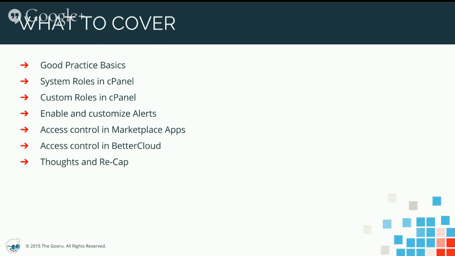So there might be some differences with what you see in documentation. How you can set custom roles, enabling and customizing alerts, access control considerations for marketplace applications, access control in BetterCloud, which I know there's been a session about yesterday, and then just some final Jerry Springer type thoughts and a recap.